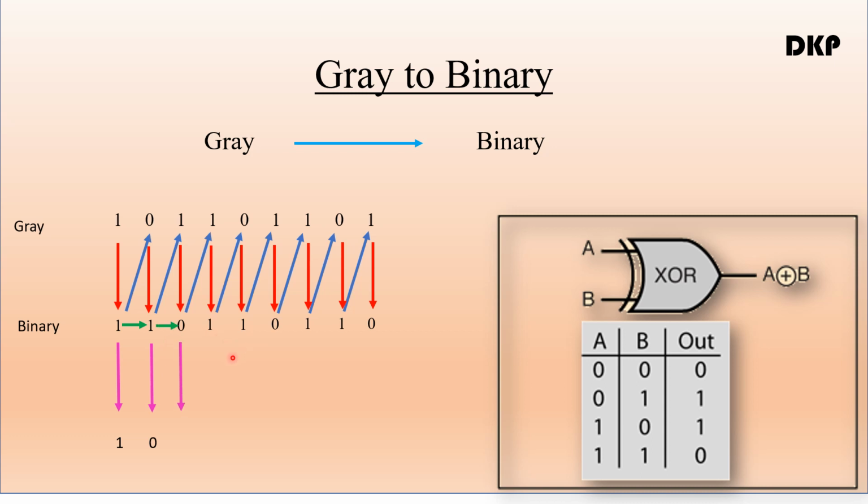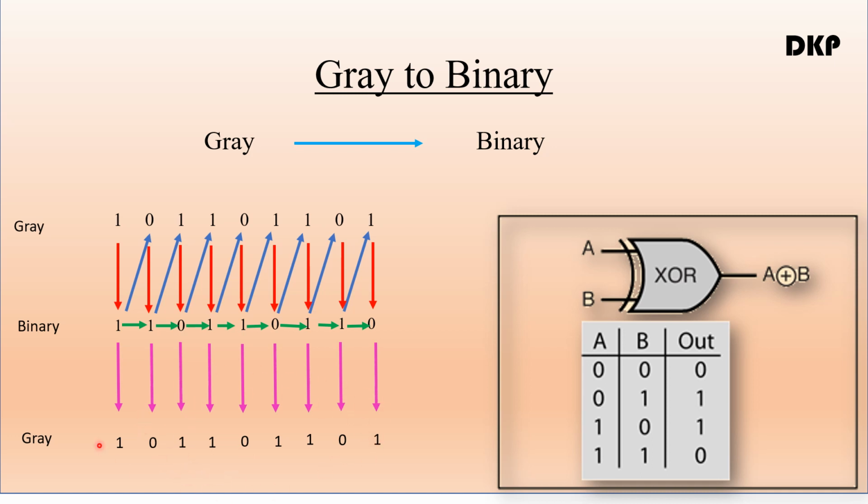Now 1 XOR 0 is 1. 0 XOR 1 is 1. 1 XOR 1 is 0. 1 XOR 0 is 1 again, 0 XOR 1 is 1, 1 XOR 1 is 0, and 1 XOR 0 is 1. So this is your gray code.